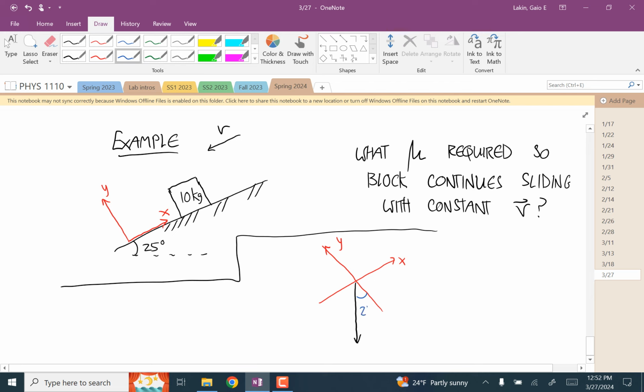This angle is 25 degrees. And so is our angle 270 plus or 270 minus 25? Minus, yep. And so that is 245.